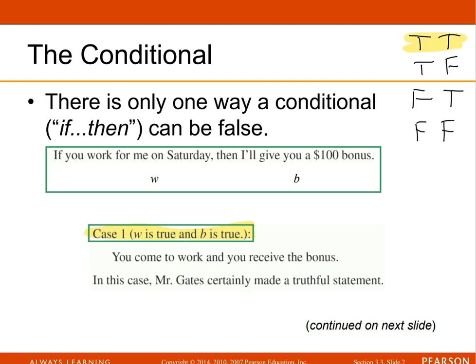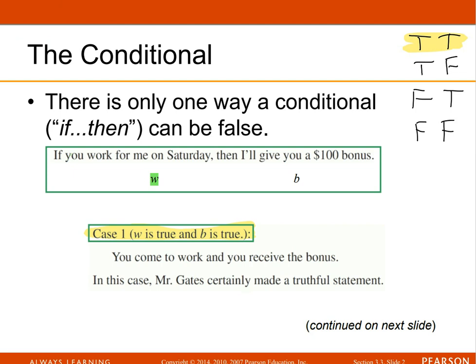And instead of using P's and Q's, they're using W's and B's, because the statement they're looking at is, if you work for me on Saturday, then I'll give you a $100 bonus. So the W is you work for me on Sunday.